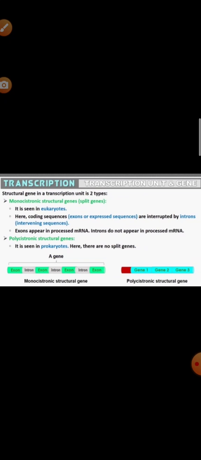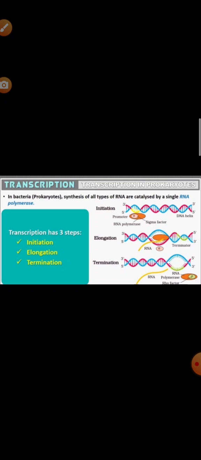The promoter is located at the 5' end of the structural gene of the coding strand and provides the binding site for RNA polymerase. And the sequence of the DNA located towards the 3' end downstream of the coding strand where the process of transcription would stop is known as the terminator. Okay, I think you have understood.